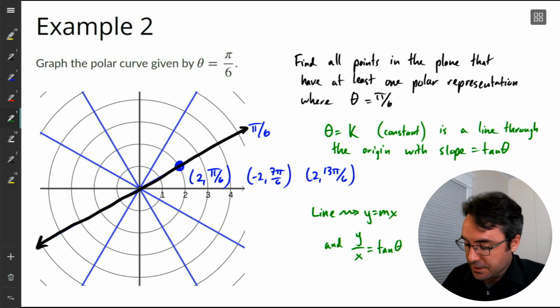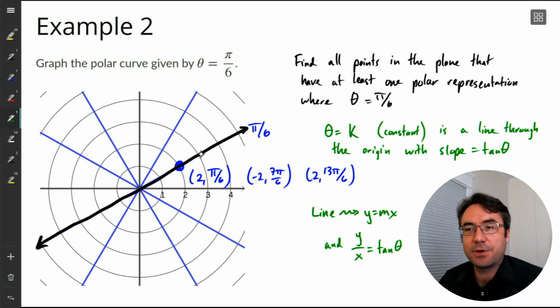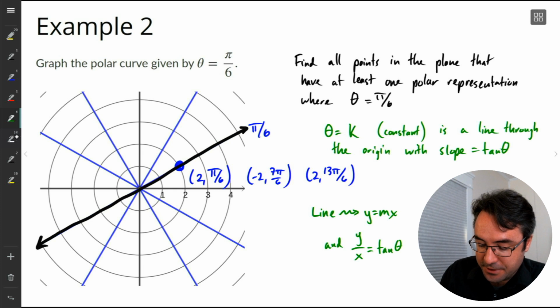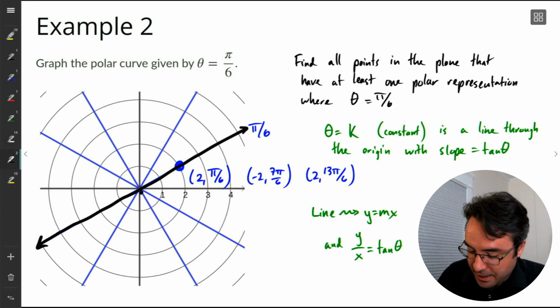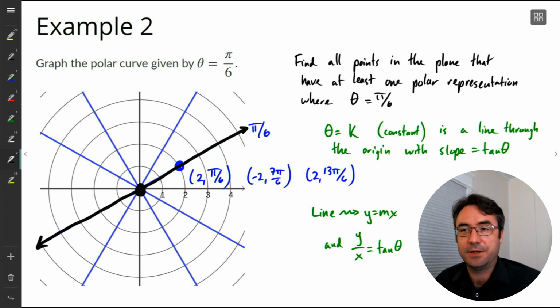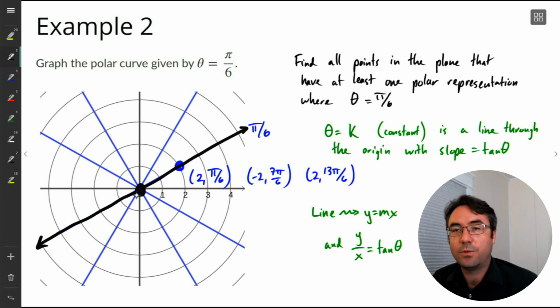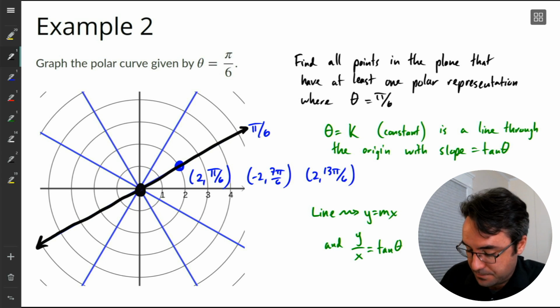All right, so let's just talk a little bit more about the points on this line. There's 3 separate sections for this line here that we want to consider, and they get split up at the origin. So if we look at that origin, what would the r value be to get that origin point? Well, that would be r equals 0.